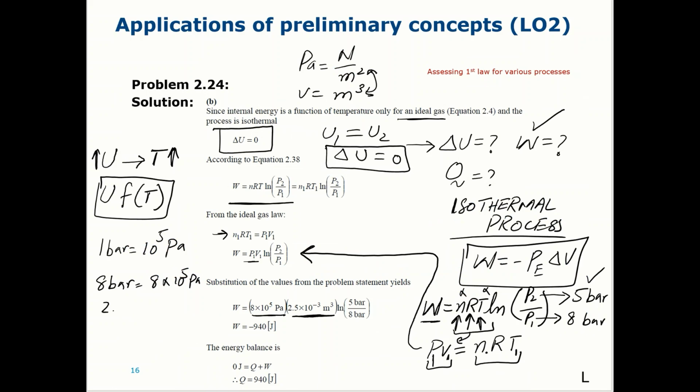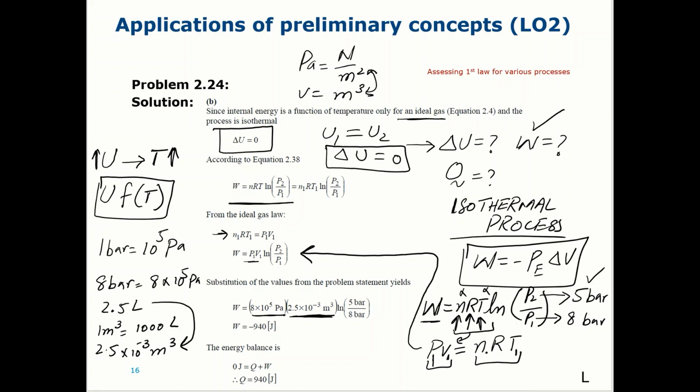And 1 cubic meter is equal to 1000 liter. So if we convert this, we will get 2.5 into 10 to the power minus 3 cubic meters. That's how it's converted.